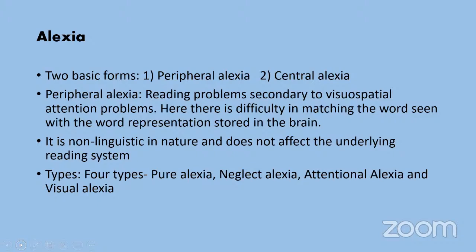It's non-linguistic in nature and does not affect the underlying reading system. So this is peripheral Alexia. Peripheral has 4 types: pure Alexia, neglect Alexia, attentional Alexia, and visual Alexia. We'll differentiate all these 4 types of Alexias.